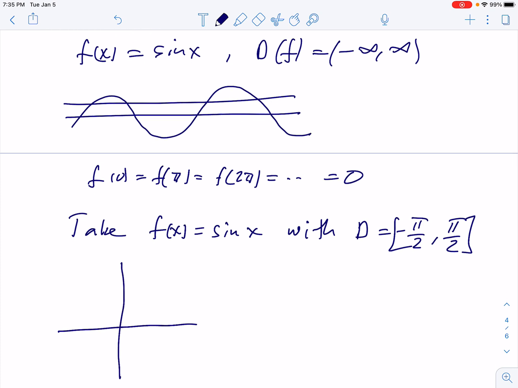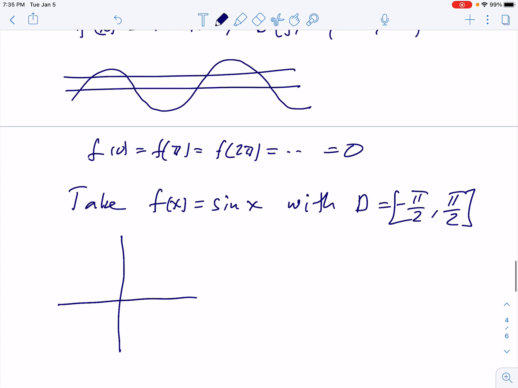How does the function look in this interval? Let's say this is 0, this is negative pi over 2, and here is pi over 2. For 0, the function is 0. For pi over 2, it's 1. It goes like that, up to level 1. And for negative pi over 2, it's negative 1.